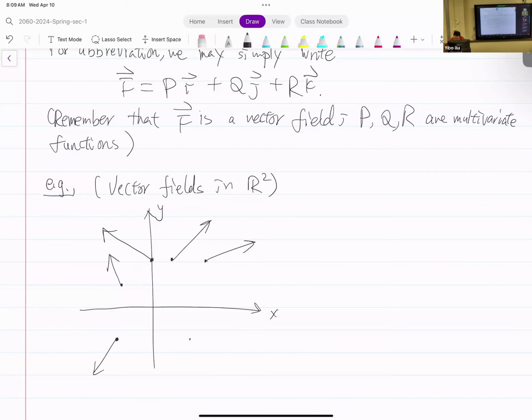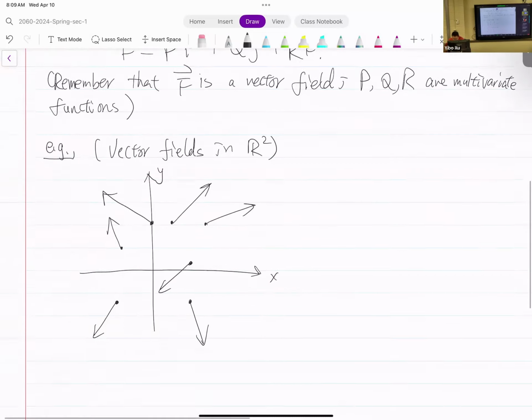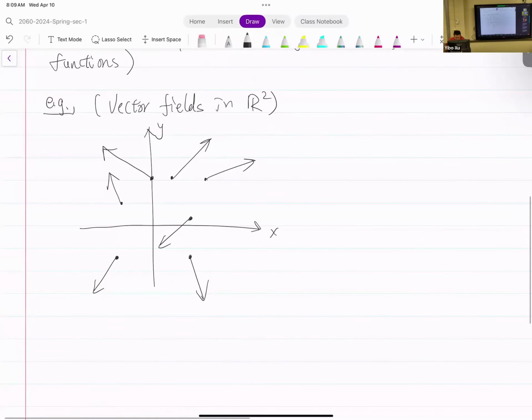So a vector field could have a kind of messy relationship defined through this kind of illustration. But if you think about a vector field, it could have a more reasonable pattern.